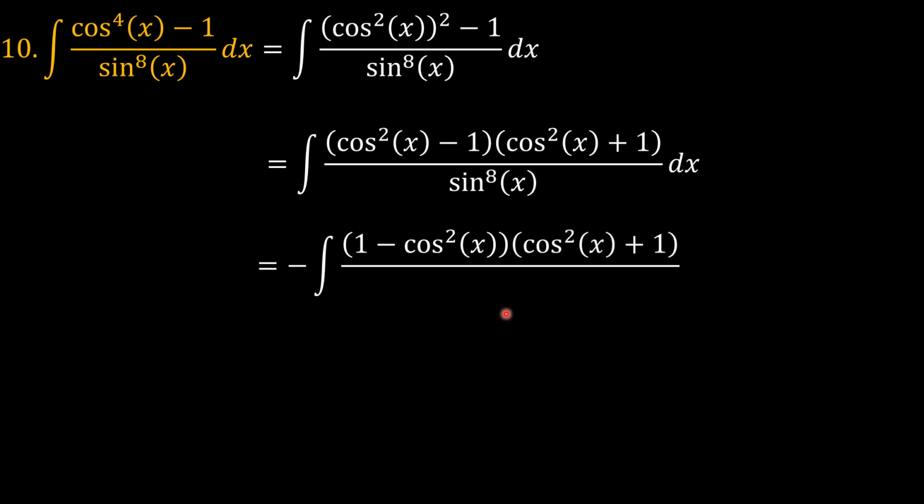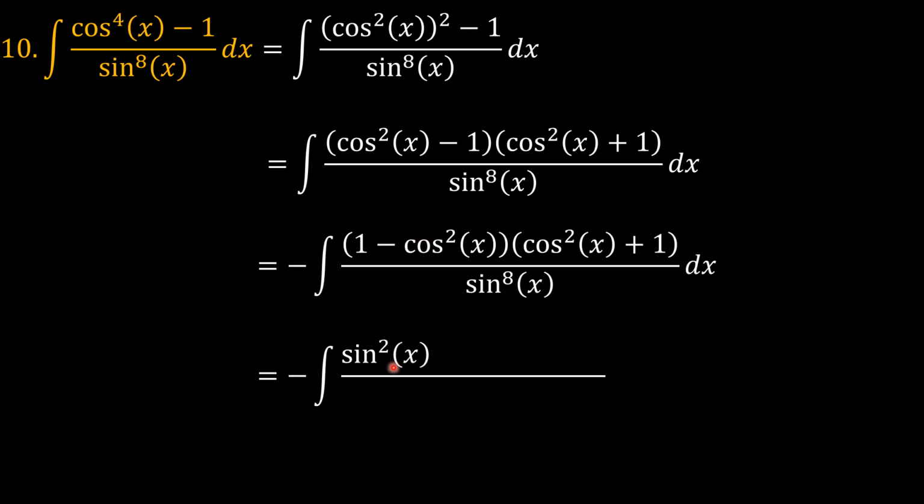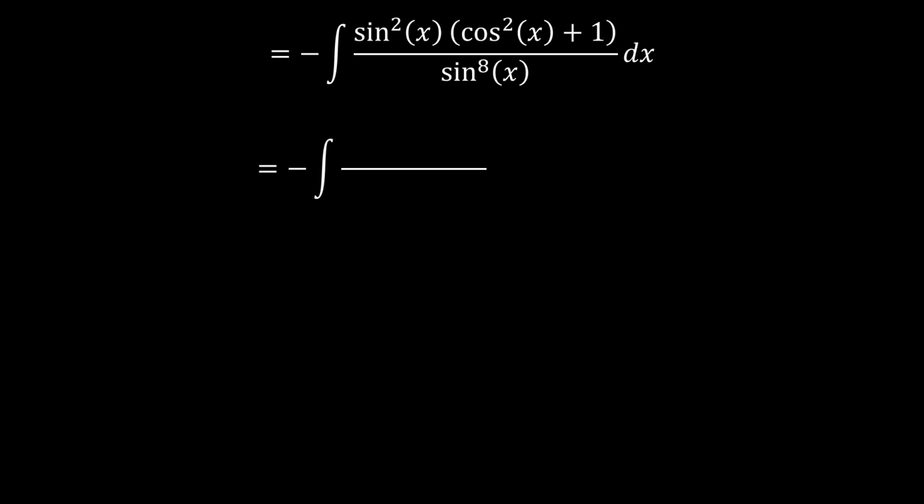And 1 minus cosine squared x is sine squared x, so I can replace 1 minus cosine squared x with sine squared x, and sine squared x and sine to the power 8 of x would interact with one another, so eventually we have minus the cosine squared of x plus 1 over sine to the power of 6 of x.